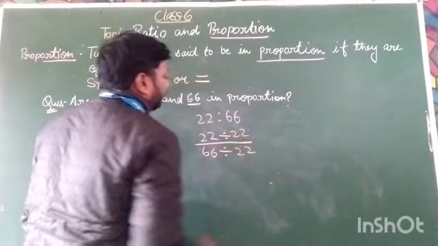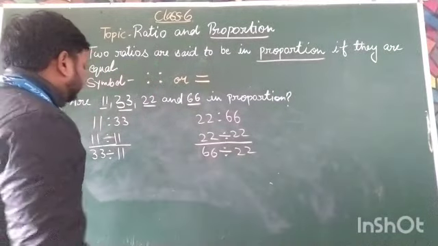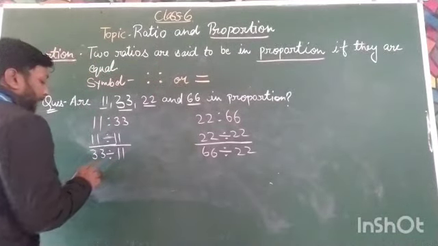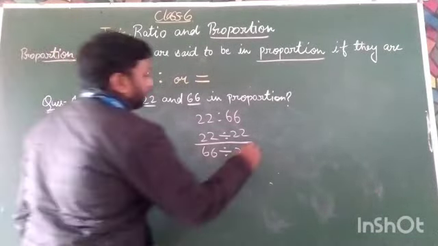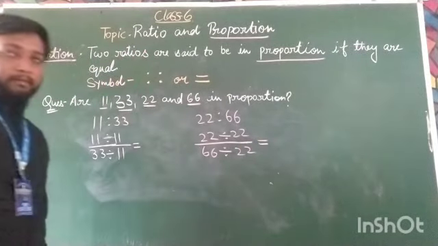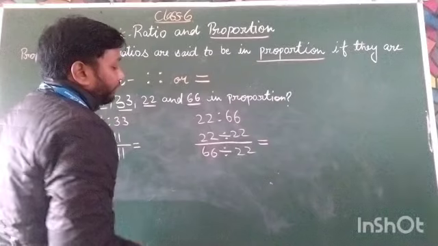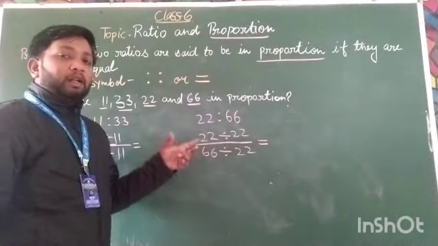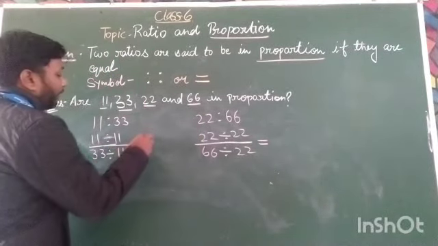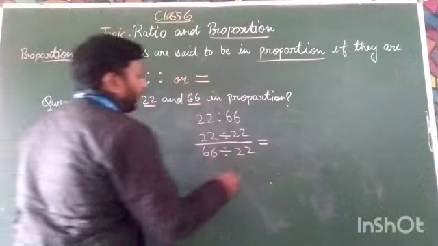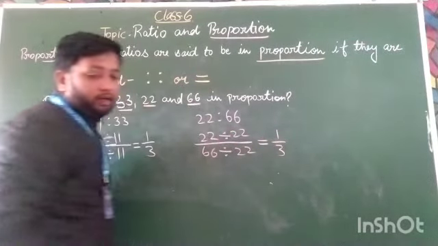Why 22? Because 66 is a multiple of 22. After simplifying, we get 1 by 3 and here also we get 1 by 3.